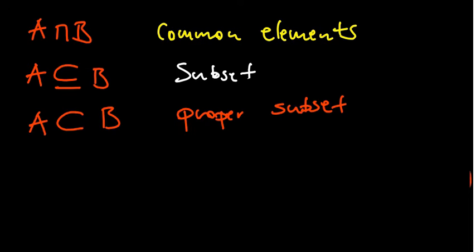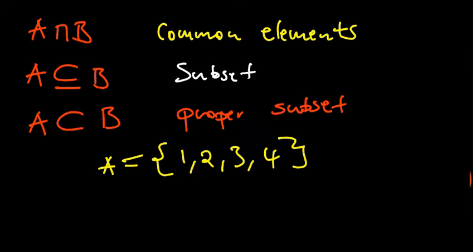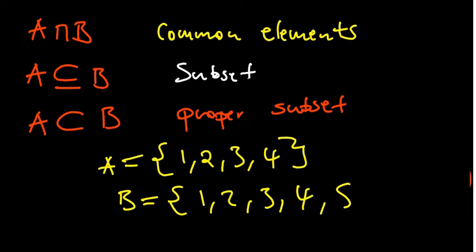Like in the previous example, if you have set A to have 1, 2, 3, 4, and set B as 1, 2, 3, 4, 5. In this case, we can say that set A is a proper subset of what? Of B, because all its elements are part of B.